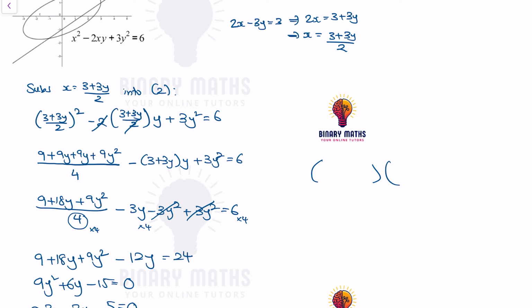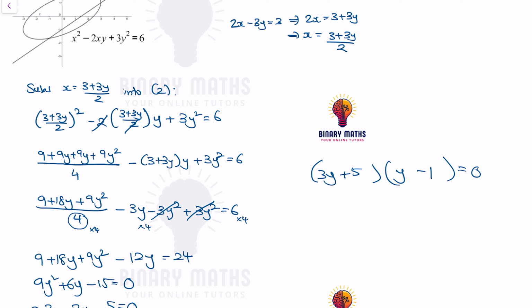I'm looking for, the only way to make 3y squared is 3y times y. I need to make sure I have two things, this and this, multiplied to give me negative 5, and then the middle terms also give me 2y. So using trial and error, I realize this must be plus 5 and minus 1. 5 times minus 1 does give you negative 5.